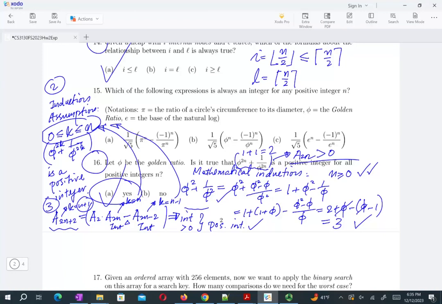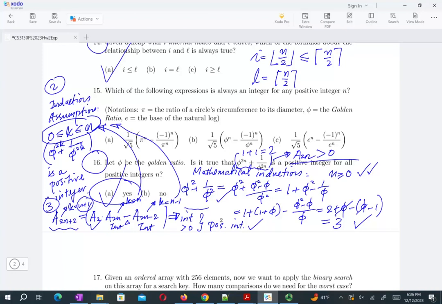We extend it, we enlarge the range, so we can use this property to enlarge the range. And we can keep enlarging so we can cover all the positive integers.